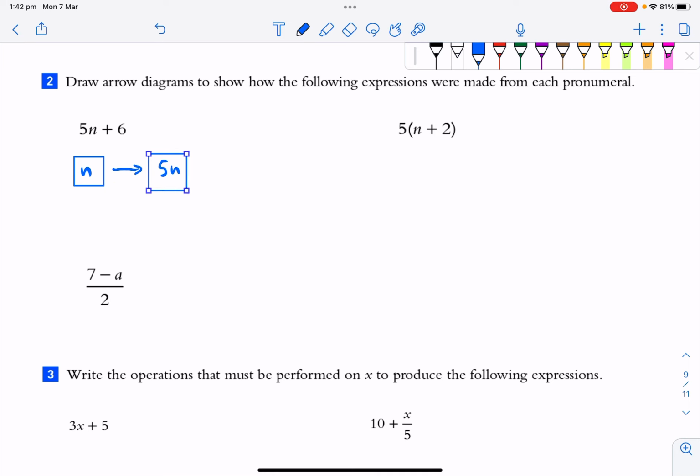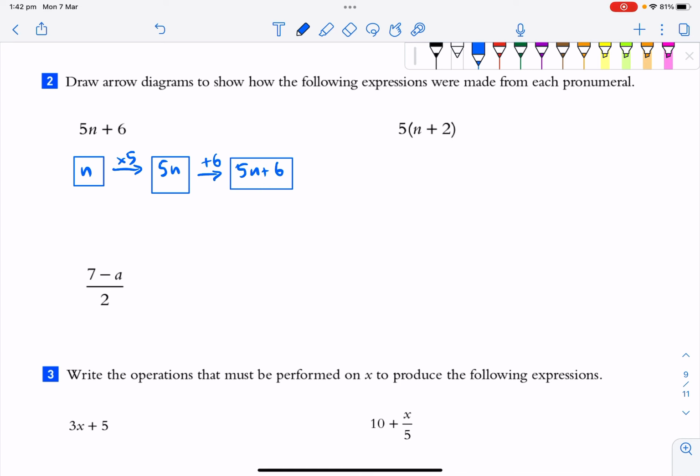All right, 5n is the new thing to be created. And we did that by multiplying by 5. So make sure you're writing in your arrows as well. And then finally, 5n plus 6. And the final operation there is adding 6. That's how you're going to do question 2.